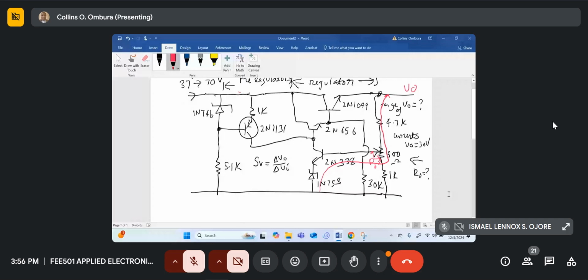So just write the data. For this Zener, I'll just write the data 753.